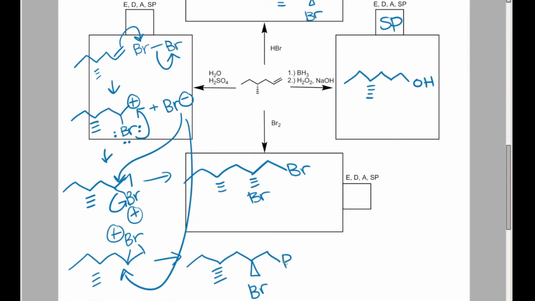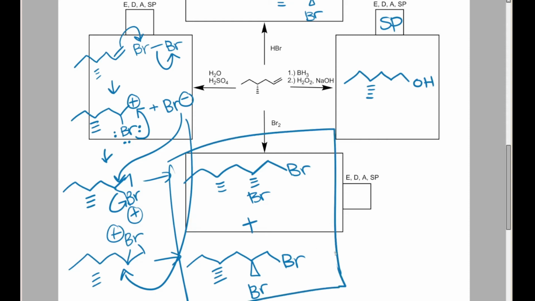And then the rightmost bromine atom is still going to be the same. It's not going to have stereochemistry because, like I said, there's 2 hydrogen atoms bonded to this carbon that the bromine is bonded to, so we can't really assign it since both of the hydrogens are the same atom, they're the same molecular weight. So we're going to have these 2 as the products, and I'll redraw it in a moment.